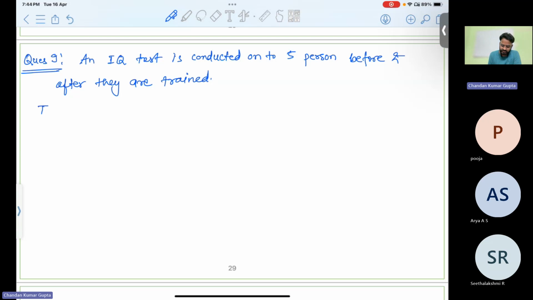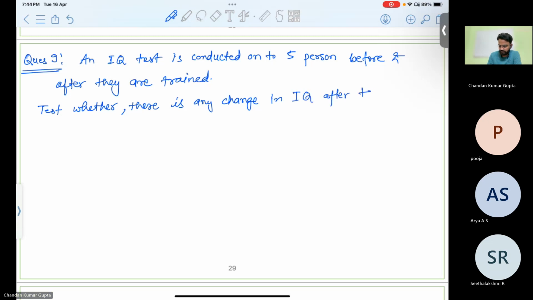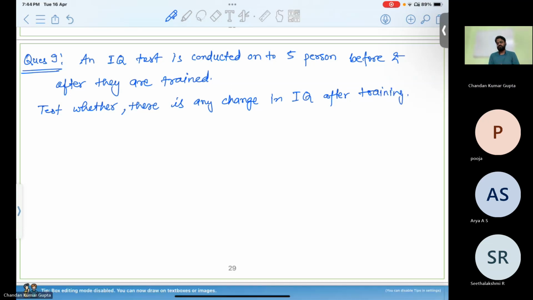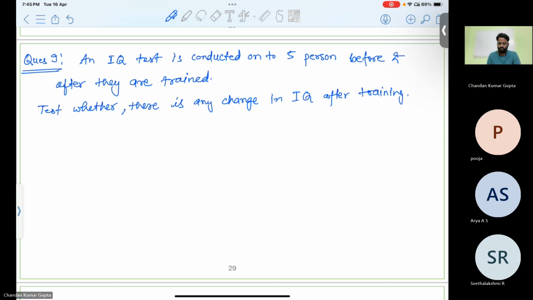I will write the data in a tabular form later. We need to test whether there is any change in IQ after training, at a 5% level of significance.